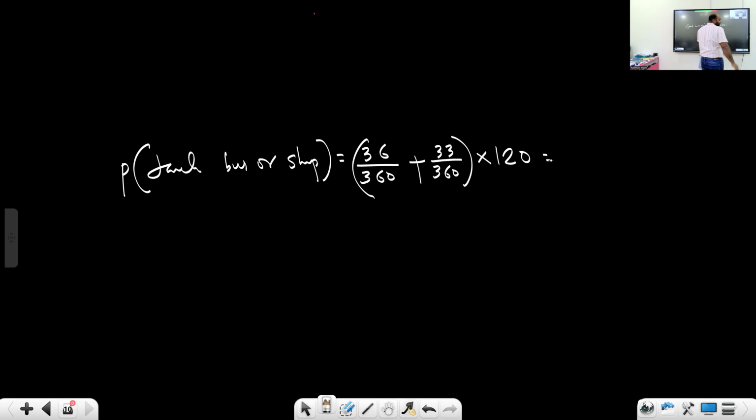This is the probability of people they are asking. It is only the pie chart. The total number of people is 120, that people probability they are asking. Can I write this one? What's 36 plus 33? 69 by 360, into 120.